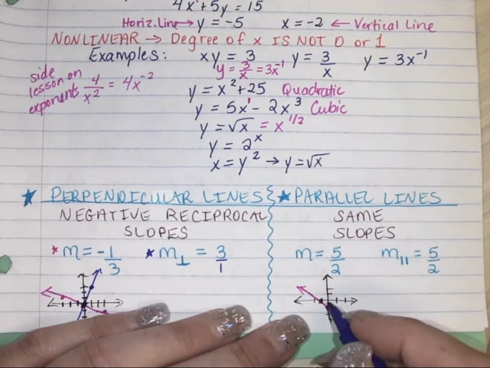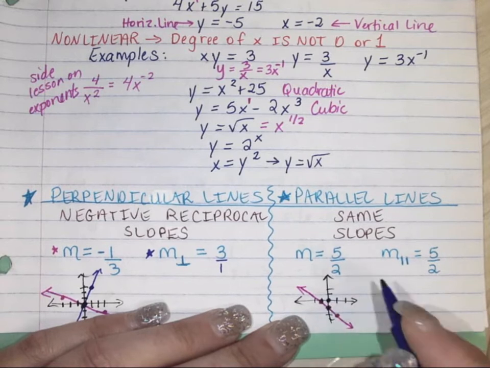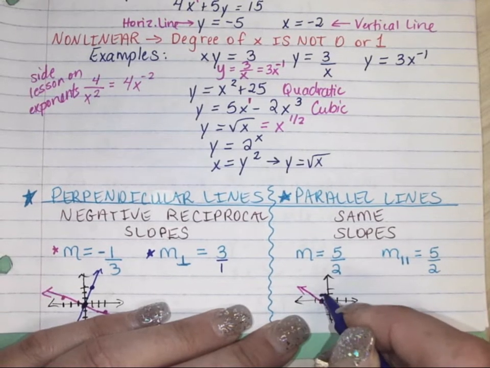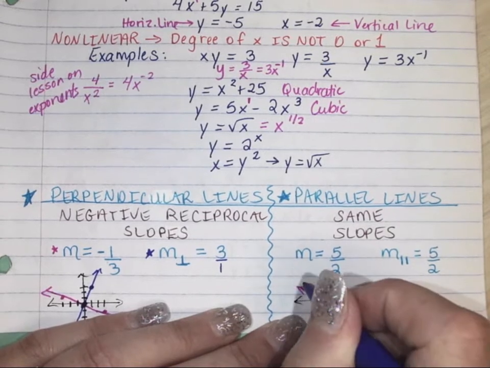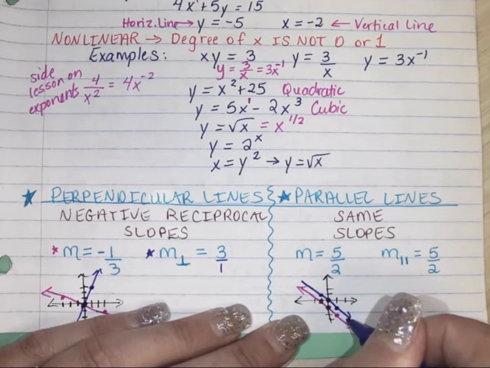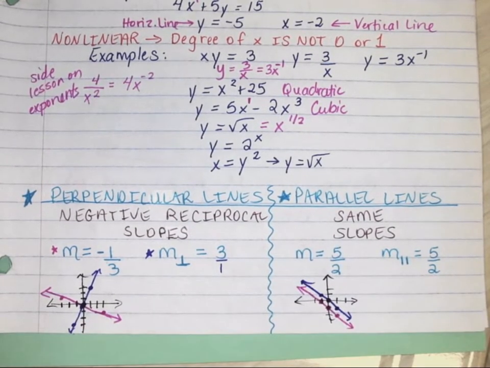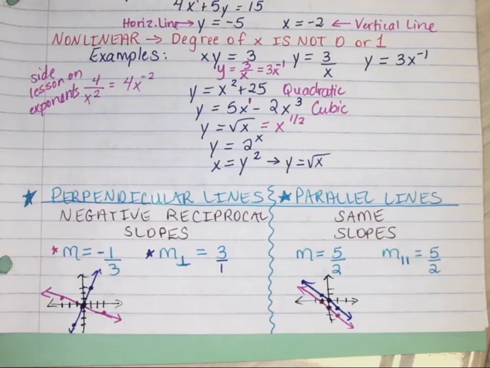And then I graph another line that also has the same slope of negative 1. So right 1, down 1, or up 1, left 1. So parallel lines have the same slope, perpendicular lines, negative reciprocal slopes.